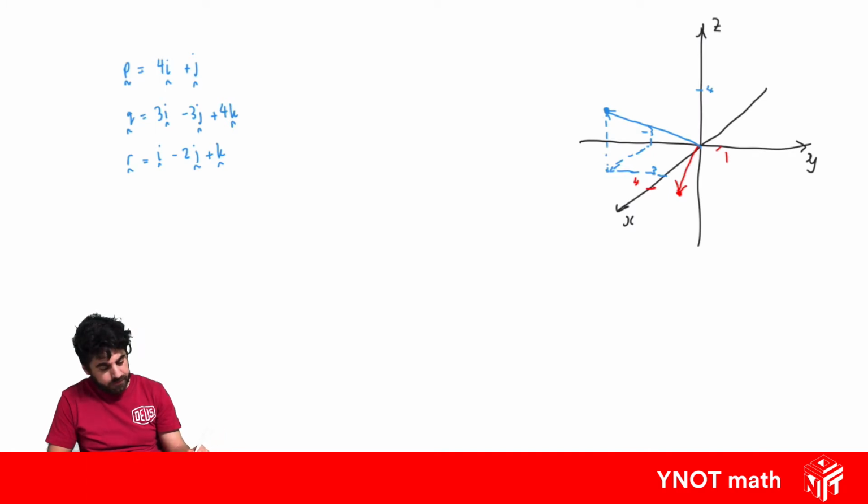And finally, we've got R, which is i, so it's going to be a distance of 1, minus 2j, plus k, so come up 1, so maybe about there.